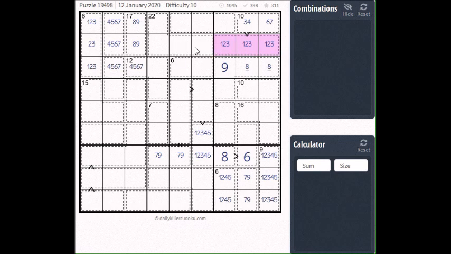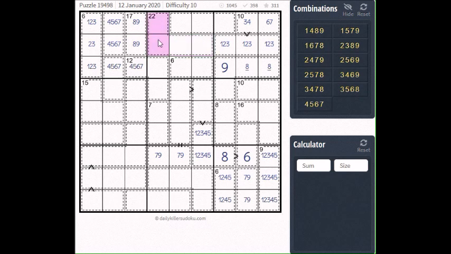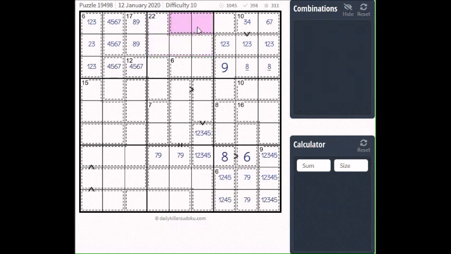Now, this would lead us to this 22 here. Note that the 22 cannot be 4, 5, 6, 7, because in this case, if it's 4, 5, 6, 7, then the 8 and 9 would be here, which will be contradictory with the 8 or 9 here. So it's not 4, 5, 6, 7.